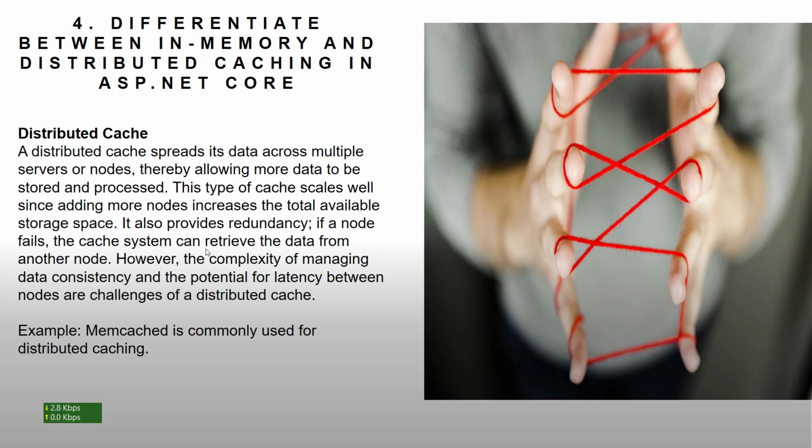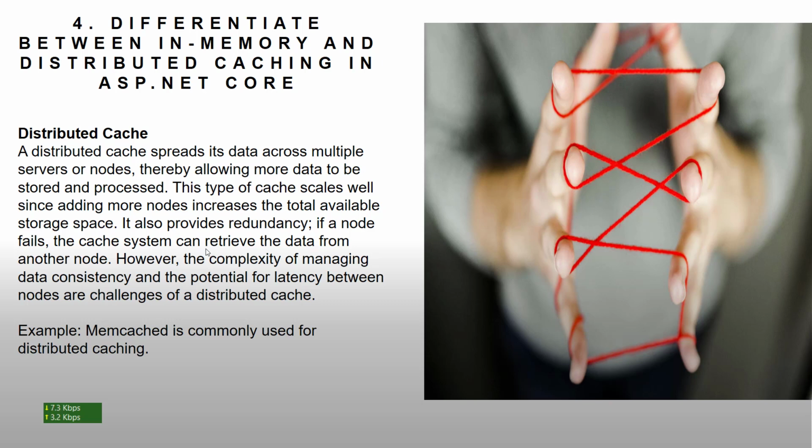That is the reason we use distributed caching and store the data on different nodes. This type of caching scales well, since adding more nodes increases the total available storage space. It also provides redundancy. If a node fails, the caching system can retrieve the data from another node. The best example is Memcached, a commonly used distributed cache.